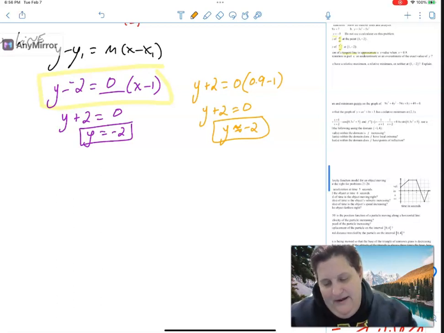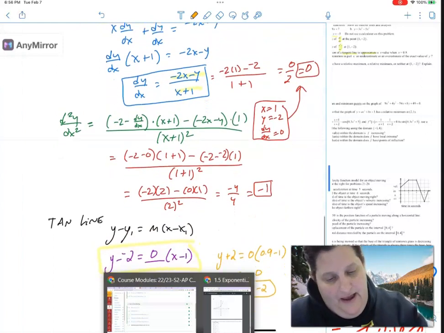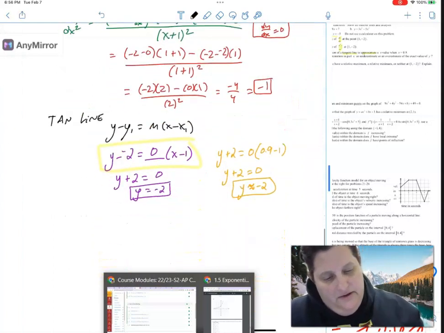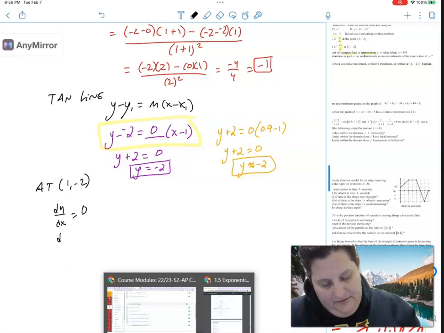All right? Now, it wants to know if this is an overestimate or an underestimate. Let's think about what's happening at this point. So, at the point 1, negative 2, the first derivative is 0.